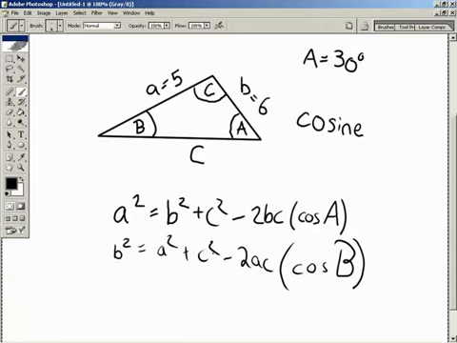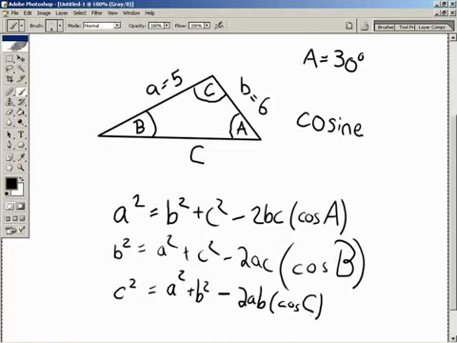You'll notice all we did was replace every single A with a B and every single B with an A. Well, the third formula is very similar. You simply replace every single C this time. So, C squared equals A squared plus B squared minus 2AB cosine C. It's not too bad.